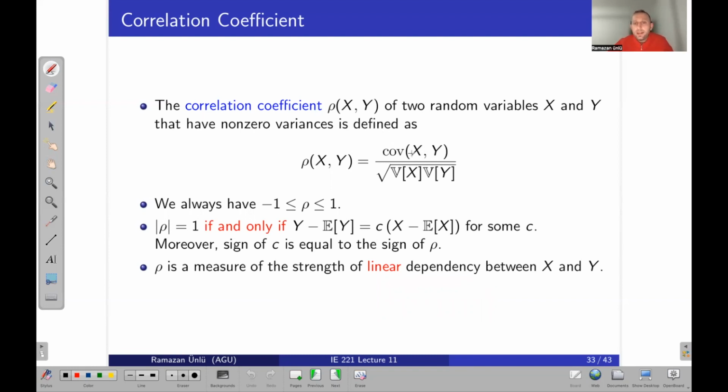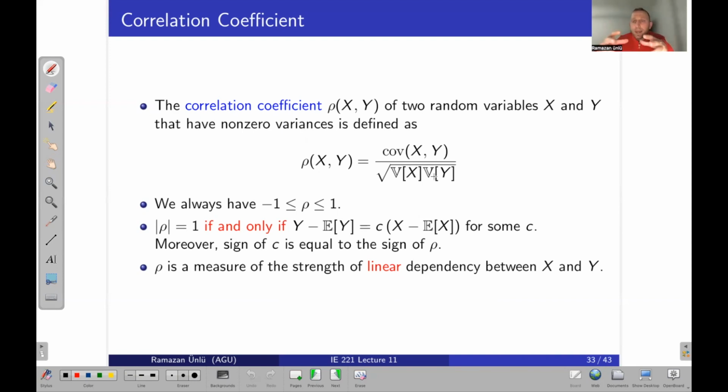It is defined as the covariance of x and y, scaled by the square root of the variance of x times the variance of y, the product of the variances of the two random variables. So the important point is that the covariance doesn't measure the strength of the dependency, but the correlation coefficient measures the strength of the dependency.